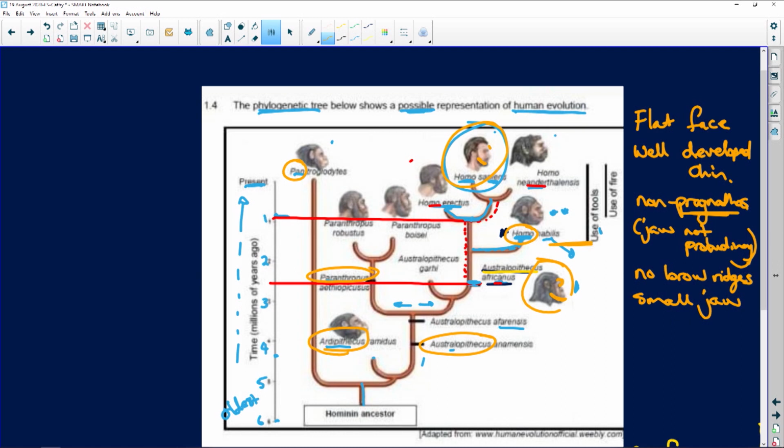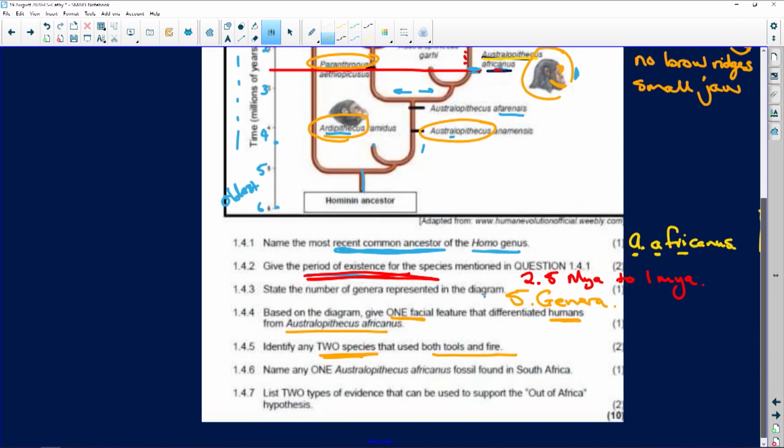So if we draw a line along here, use tools and fire, it means Homo erectus, Homo sapiens, and Homo neanderthalensis all used tools, and that's what you would write here.